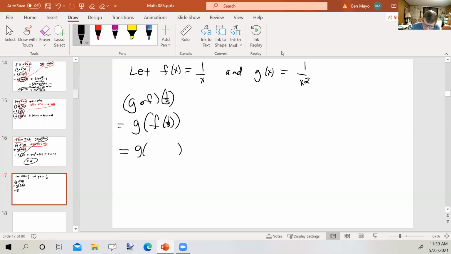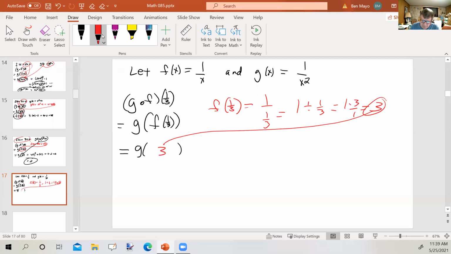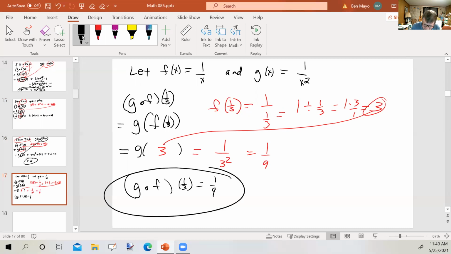We need to figure out what f of 1/3 is. F of 1/3 is 1 over 1/3, which is 1 divided by 1/3, which is 1 times 3 over 1, which is 3. So that goes in here. Now we're going to find g of 3, which is 1 over 3 squared, or 1/9. So g composed with f of 1/3 equals 1/9.